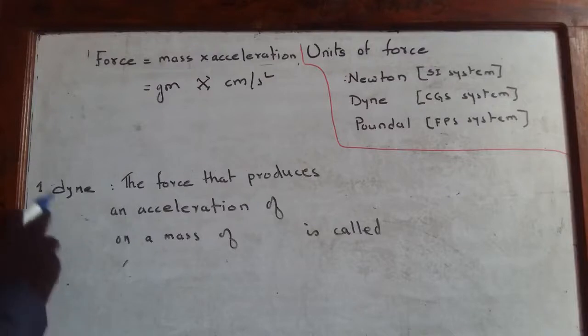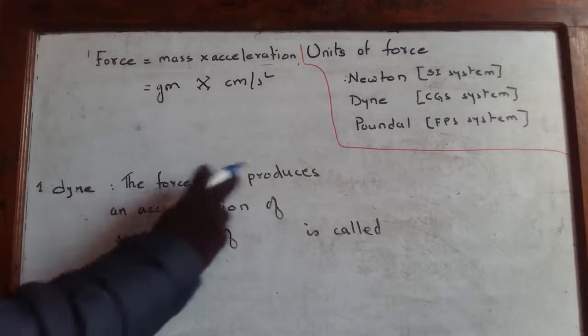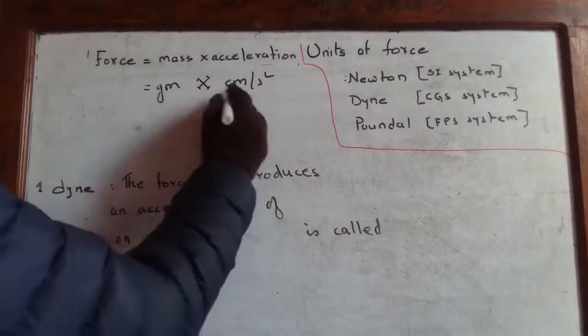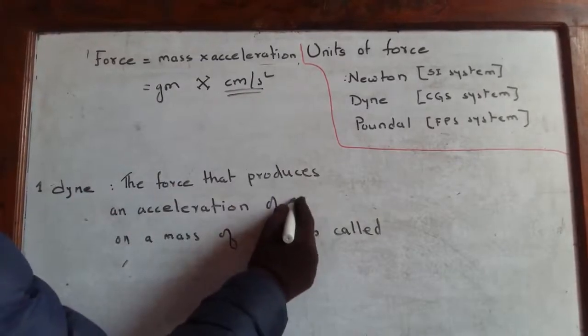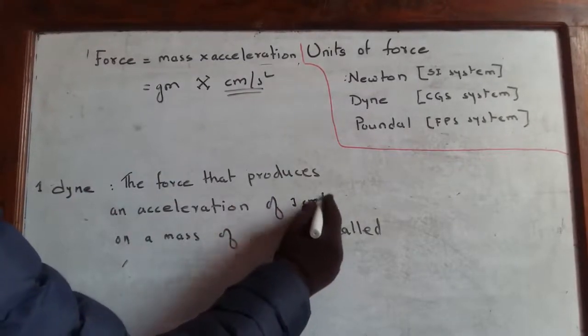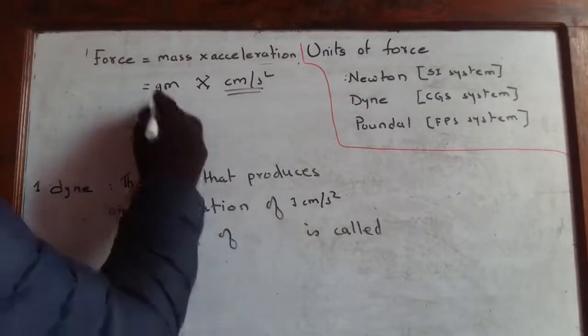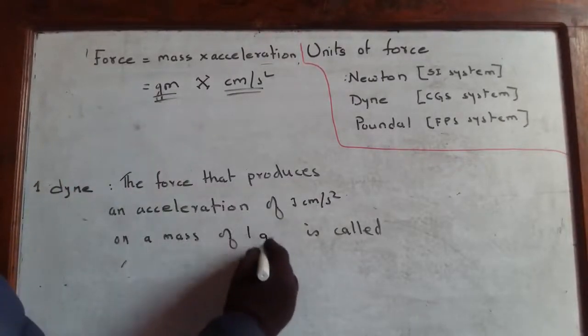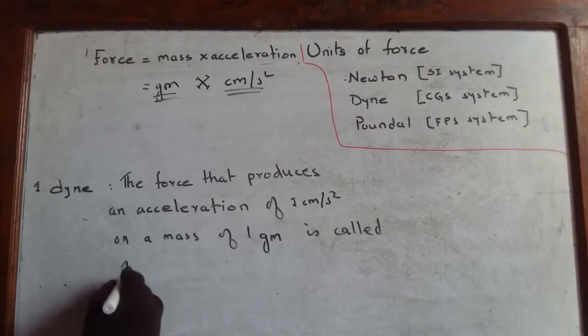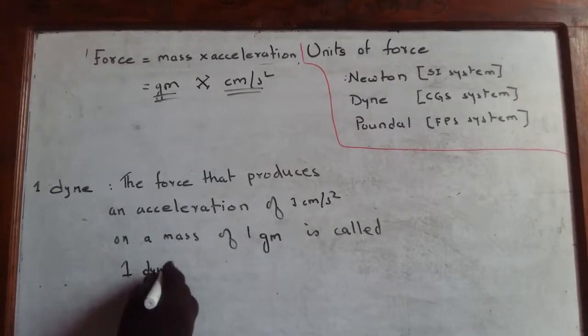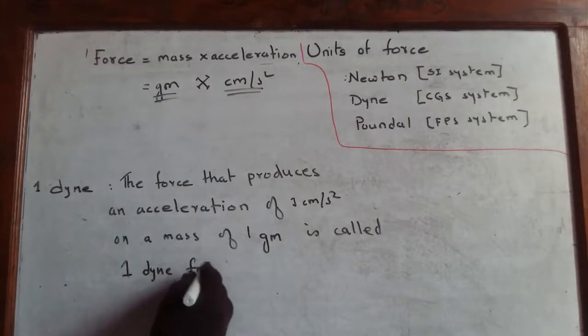Now let's define dyne. The force that produces an acceleration of 1 centimeter per second square on a mass of 1 gram is called 1 dyne or 1 dyne force.